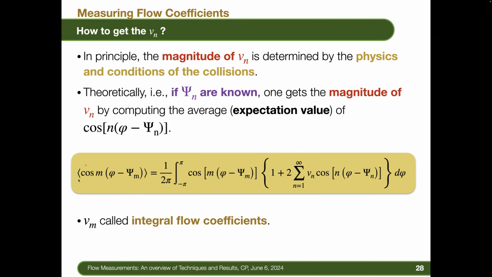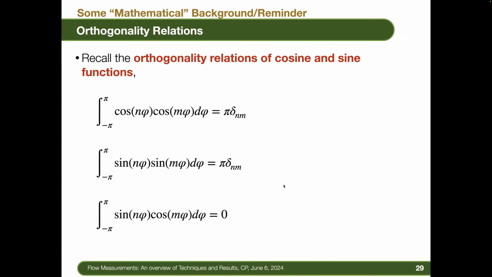And so the average of this, or the expectation value of this, is just 1/2 pi, the integral, and then the cosine times the distribution of the flowing particles. So these Vn here will be called the integral flow coefficient. And to calculate this, we can remember the orthogonality relation of cosines and sines, which I'm sure you remember, as shown here.